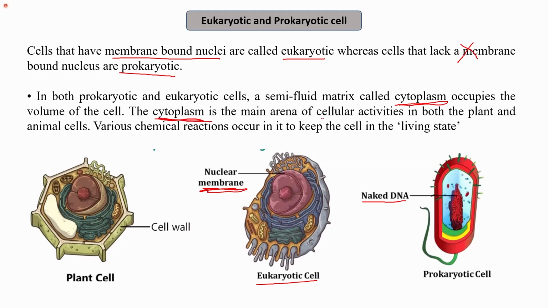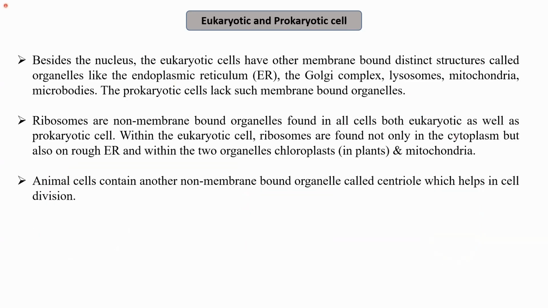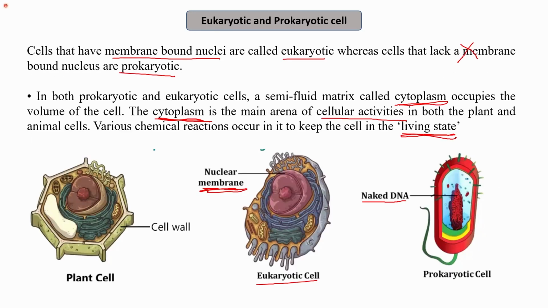The activities that are required to keep the cell in the living state are known to happen in the cytoplasm. That is, all the catabolic and anabolic reactions take place in the cytoplasm itself. So this was a brief introduction of eukaryotic and prokaryotic cells, the basis of which is the membrane-bound organelles.